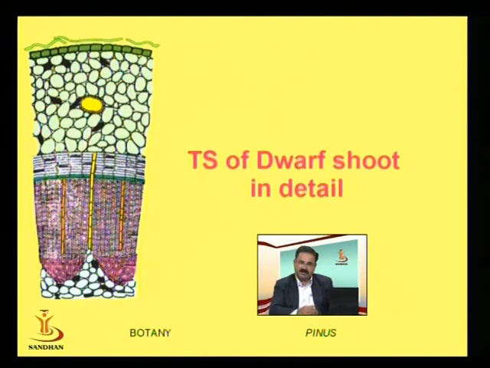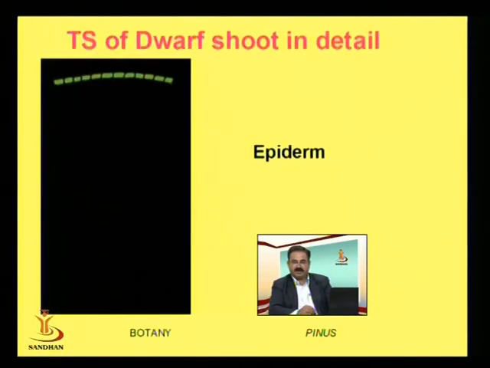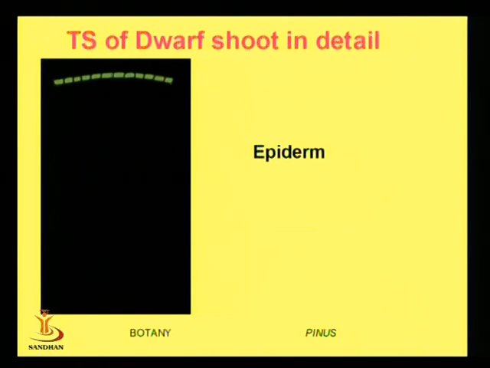Now when we go into detail of the transverse section of the dwarf shoot, we can see the epidermis, which is made up of a single layer. It almost has square-shaped or tangentially elongated cells. There is no radial elongation, but here tangential elongation is found in the case of the epidermis.